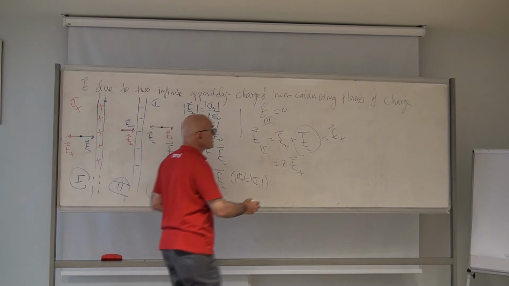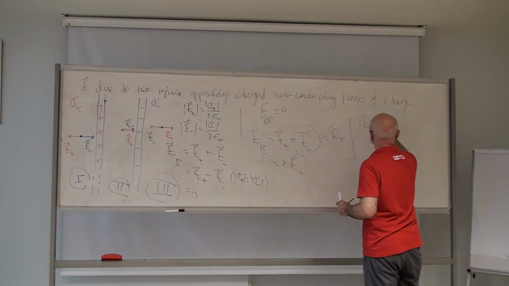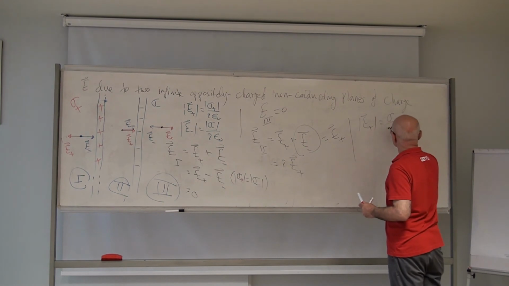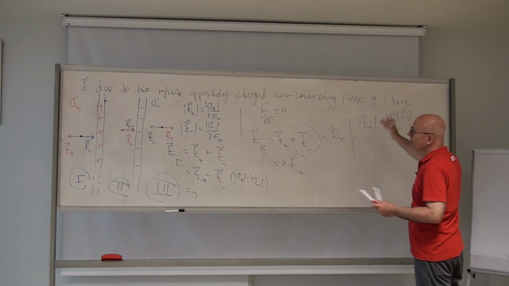And what is the magnitude of E plus? I know that E plus is equal to sigma plus over 2 epsilon naught, which is equal to sigma over 2 epsilon naught, because sigma plus equals sigma minus.